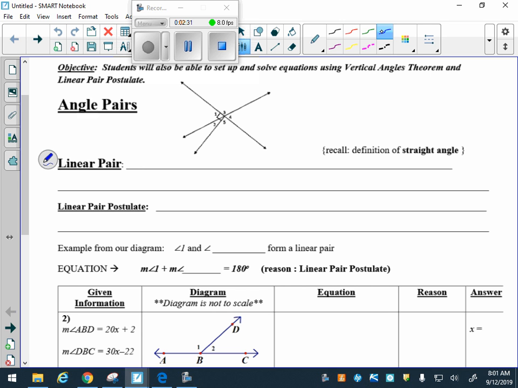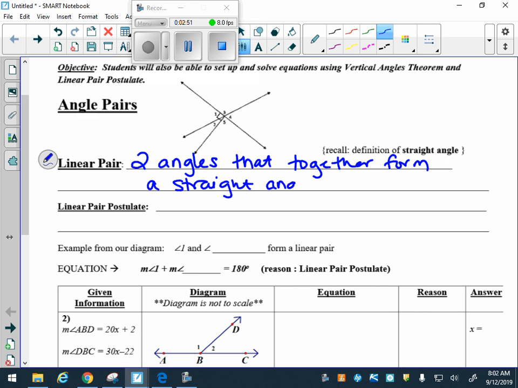So a linear pair is a pair of angles, so two angles that together form a straight angle. So we can draw one by starting with a line and then put like a ray coming off of it.